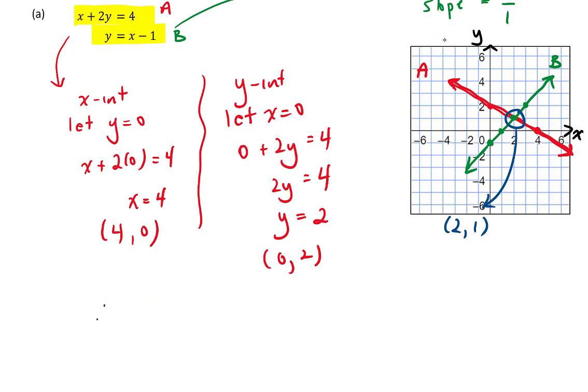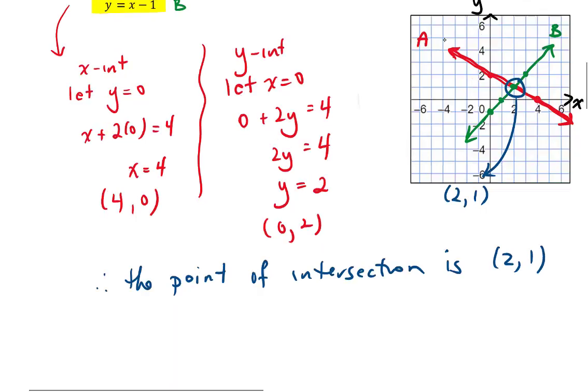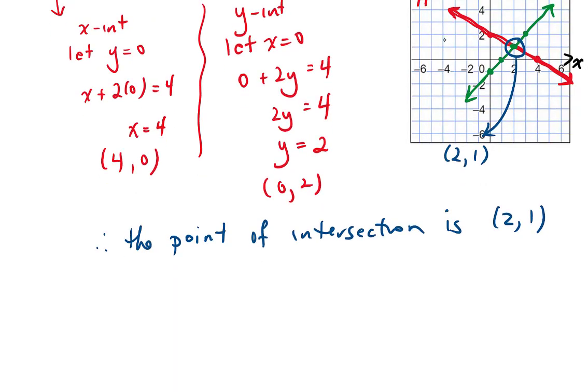Therefore, the point of intersection, or the solution to this system, is (2, 1). If you don't want to write that all out, you can say therefore (x, y) equals (2, 1). Your choice.